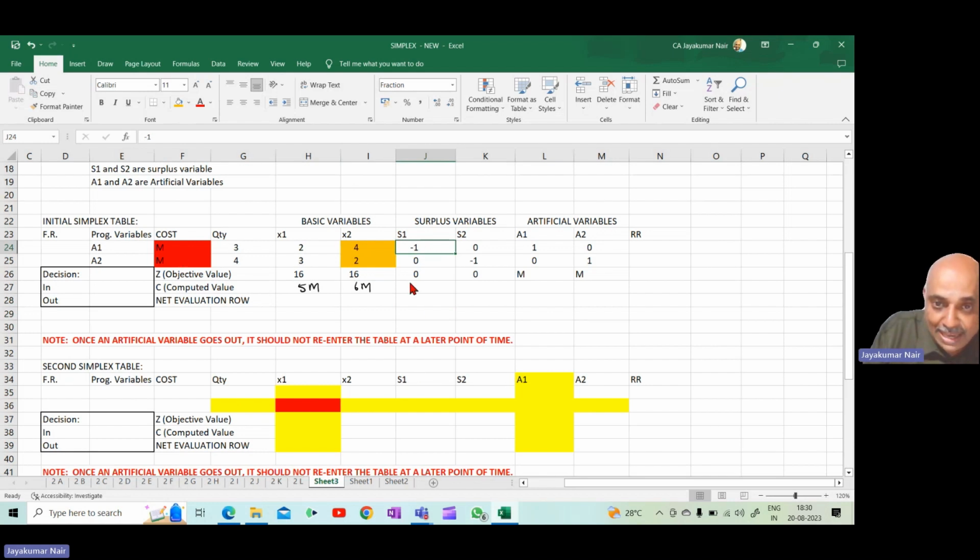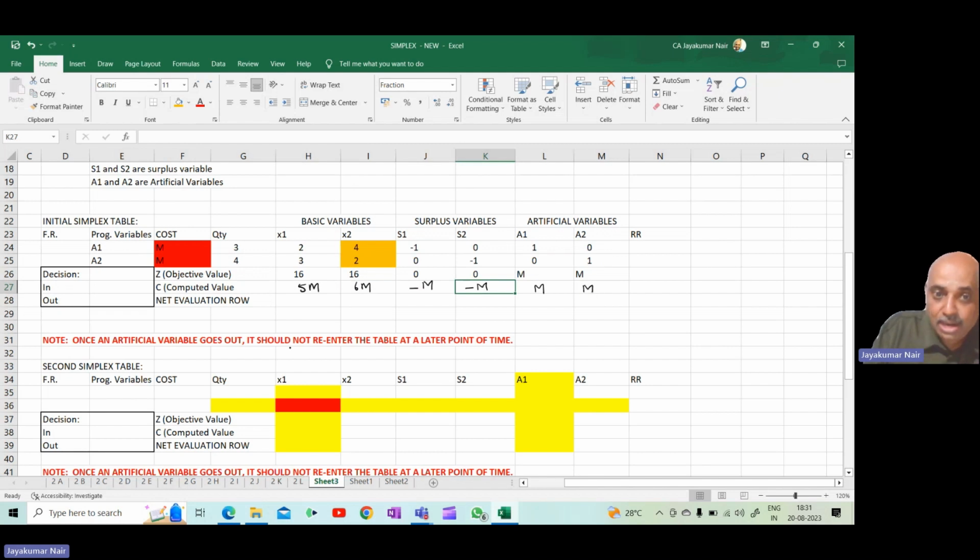So here you will get minus M. And what is this? M into 0 is 0. M into minus M is minus M. You will get minus M. M into 0, 1 is M. M into 0 is 0. So it is M plus 0 is M. And here also M into 0 is 0. M into 1 is M. So this is M.